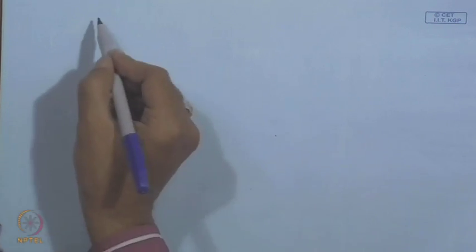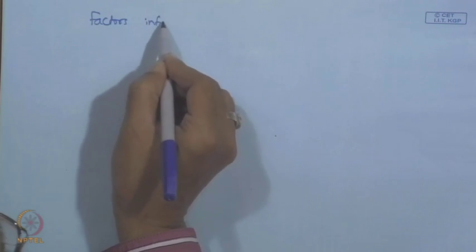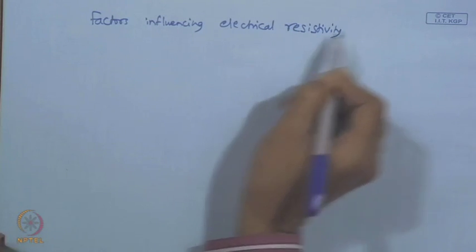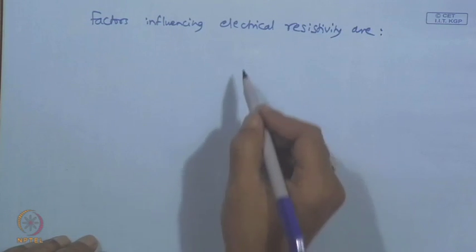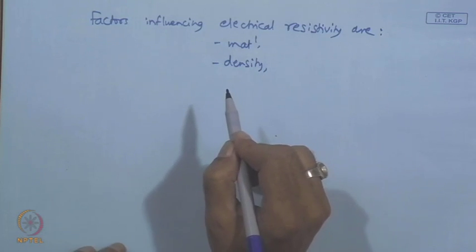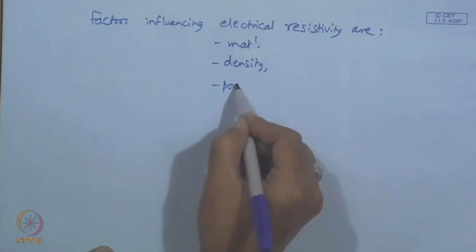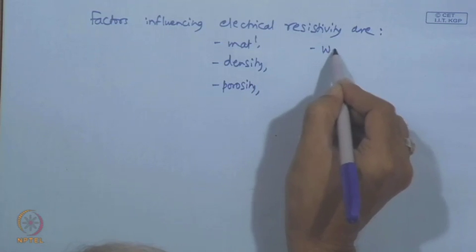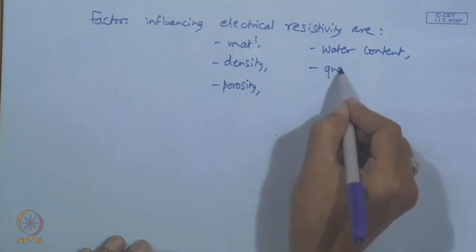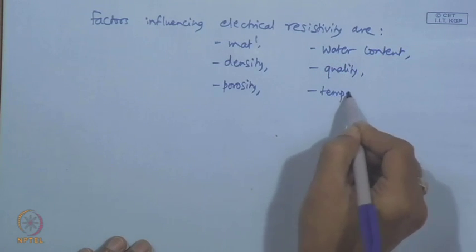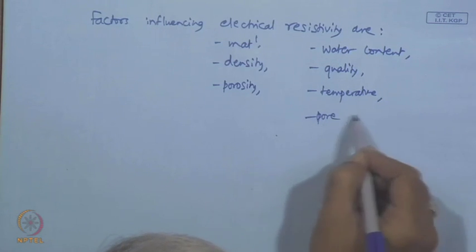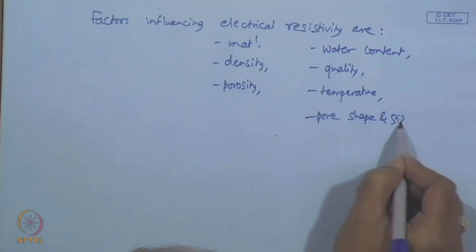The factors influencing electrical resistivity are material, density, porosity, water content, quality, temperature, pore shape and size, etc.